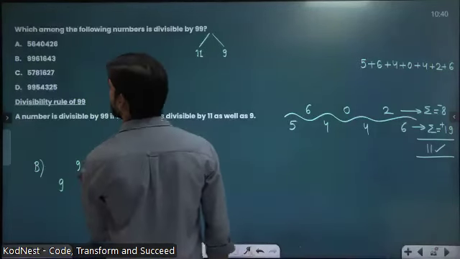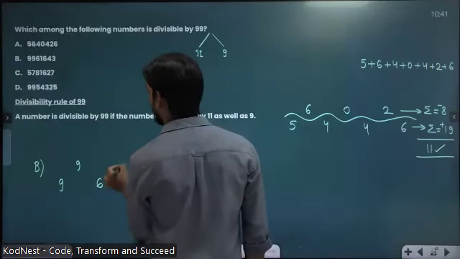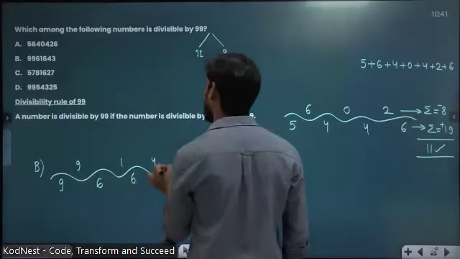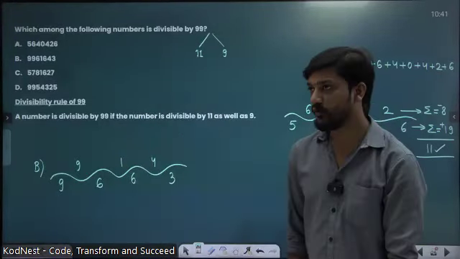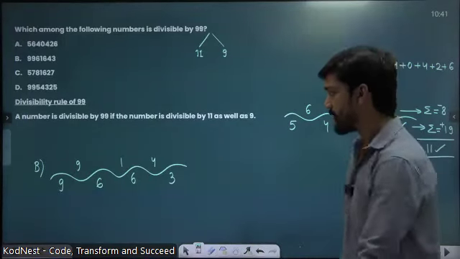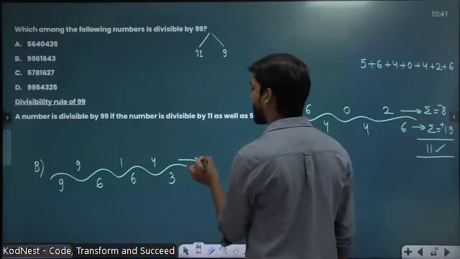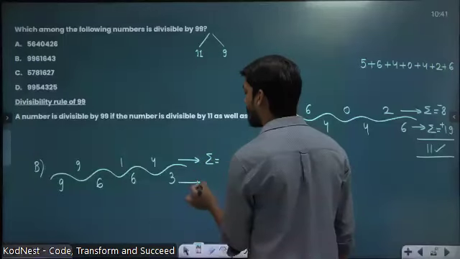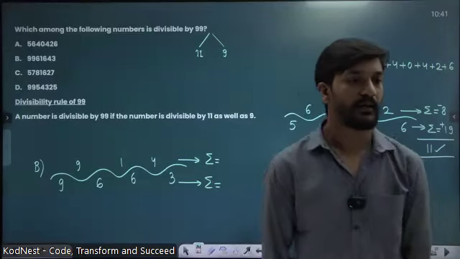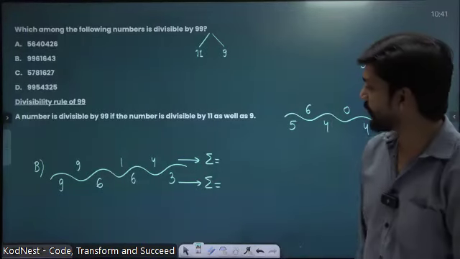So 9961643. 61643. Okay, top side, what is the sum? And bottom side, what is the sum? 14 and 14.